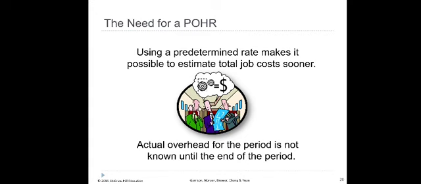If you want to use actual overhead cost, then you have to wait until the end of the accounting period, which is sometimes very late. When you finish a job, you want to know straight away how much the cost is. You cannot wait until the end of the year. That's why you use the predetermined overhead rate to calculate overhead cost for a job.